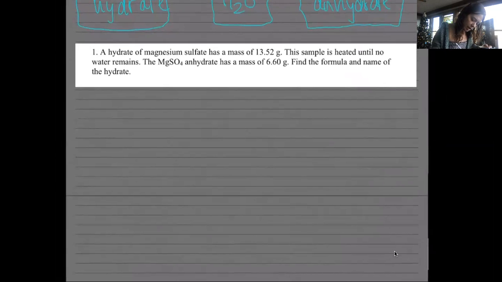A hydrate of magnesium sulfate, that's MgSO4, has a mass of 13.52 grams. The sample is heated, and we know that at that point we will have water and MgSO4 without the water.